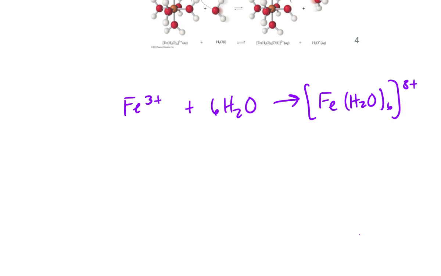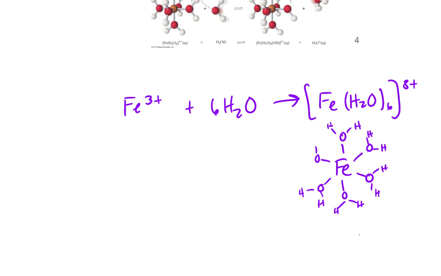What this complex ion means is that iron is the center atom, and around it are 6 water molecules. And overall, there's a 3+ charge on this species.